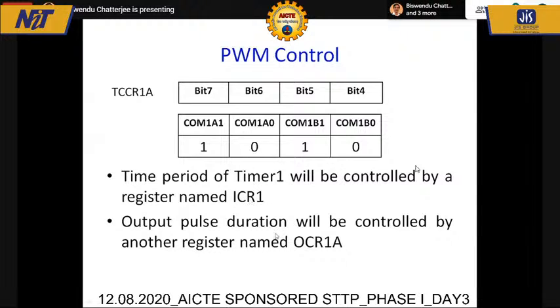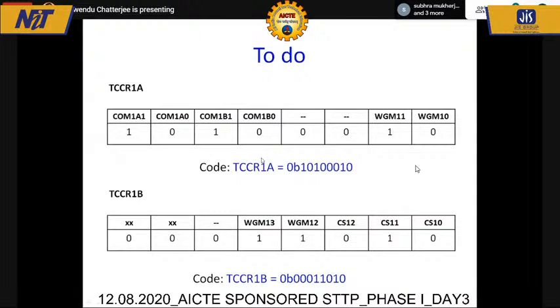So these two registers are now introduced. One will control the output pulse duration, another will control the time period. TCCR1A will be this value and TCCR1B will be this value. We will put these two codes in our main code.